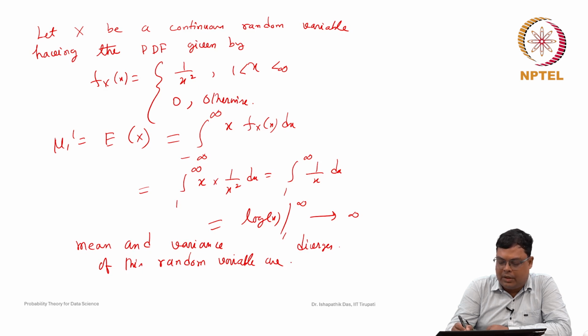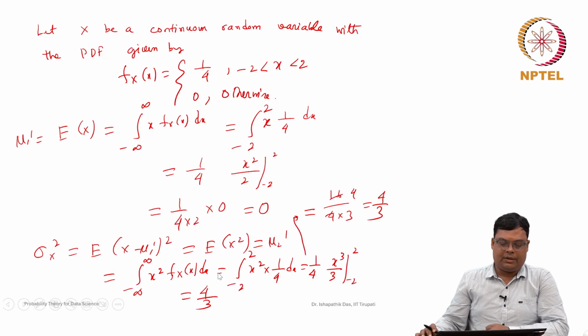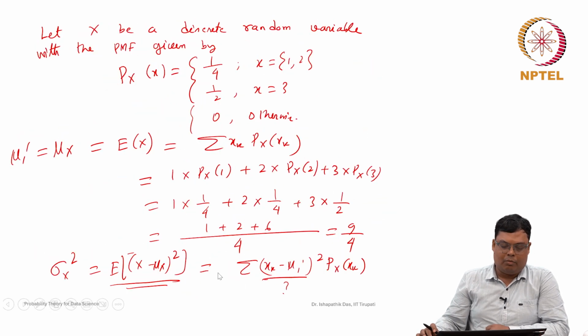So, they do not exist. What we can write is: the mean and variance of this random variable do not exist finitely. So, this is what we discussed in the moment.